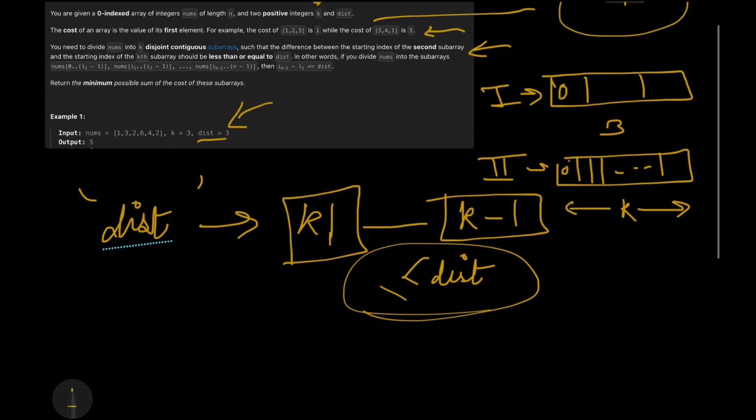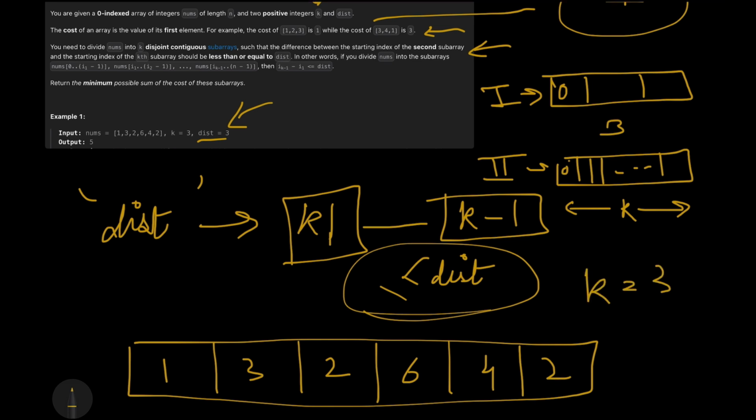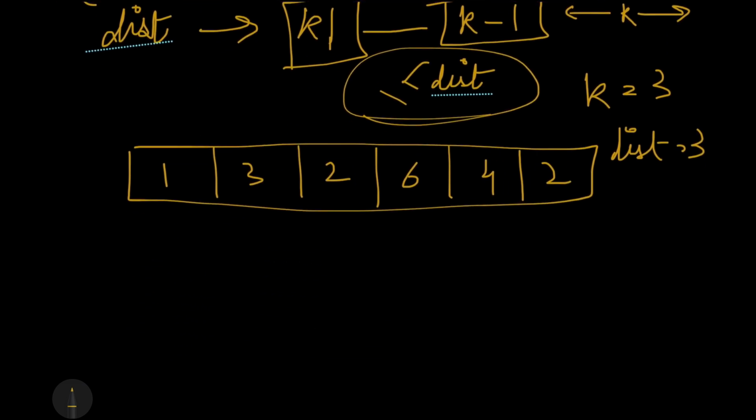Okay, got it. So let's see with this example what it says. We have been given 1, 3, 2, 6, 4, and 2. Our k is 3 and our distance is 3.